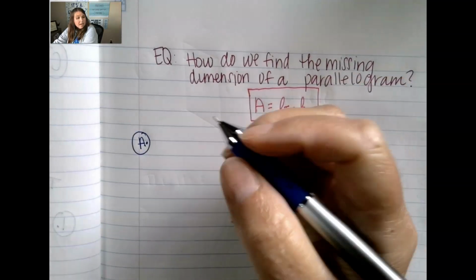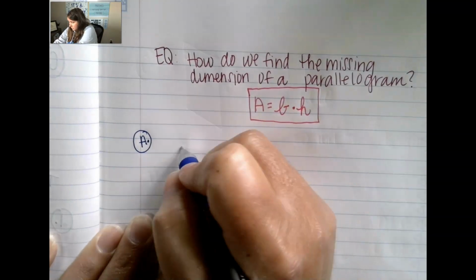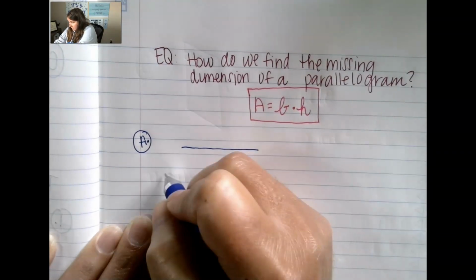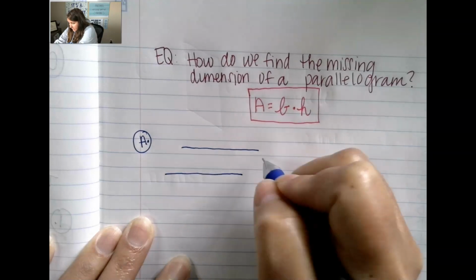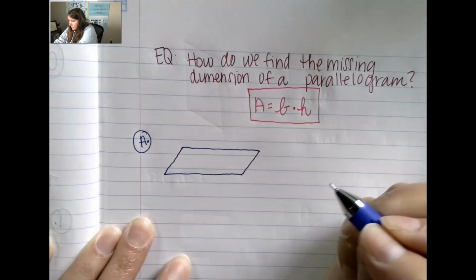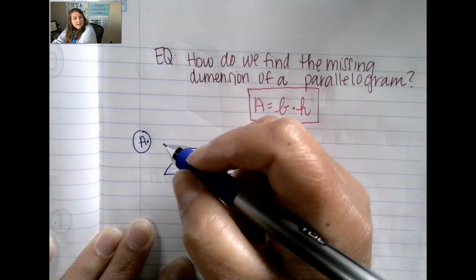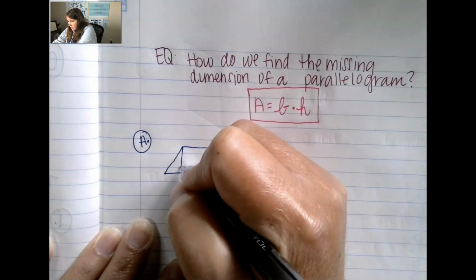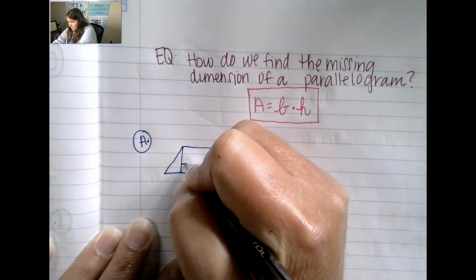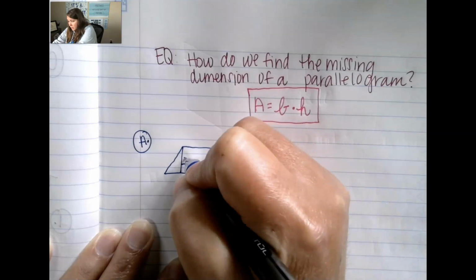Problem example A has a parallelogram that looks something like this. And it tells us that here's the height, and the height we don't know.